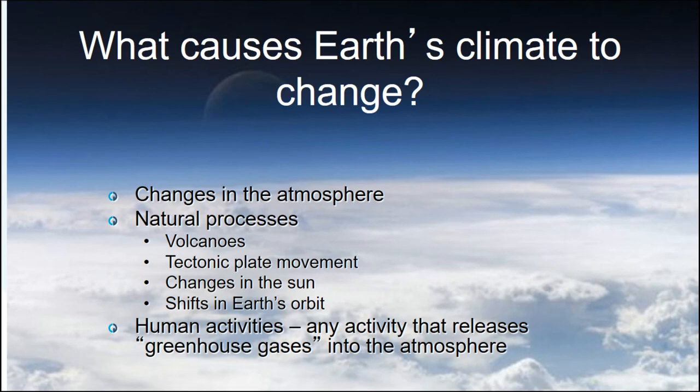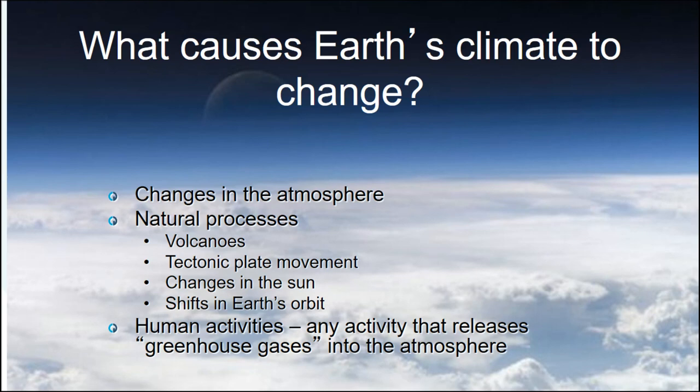If I go back to our natural processes, some things that naturally cause our Earth's climate to change are volcanoes, which release gases and particles into the air. Plate tectonic changes, which is the changing of the location of land masses on Earth, affect our wind patterns and current patterns in the oceans, which essentially creates climate pattern changes.